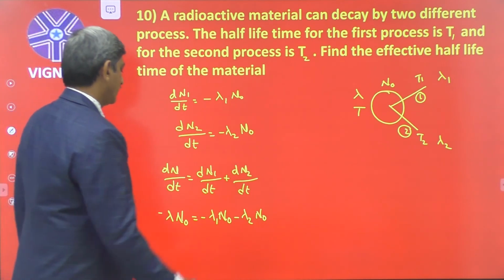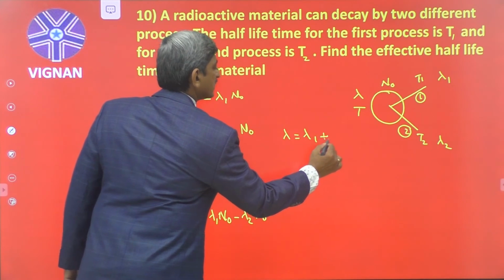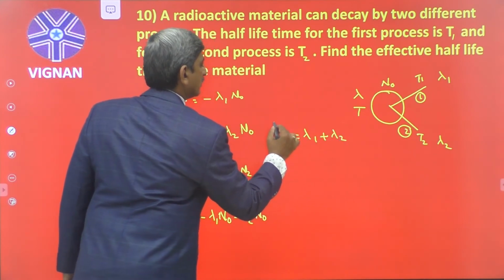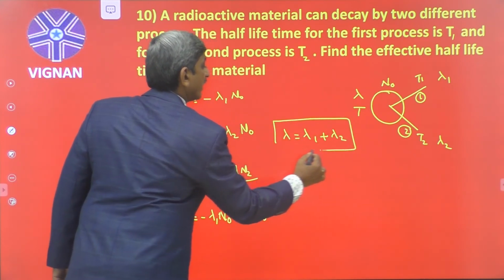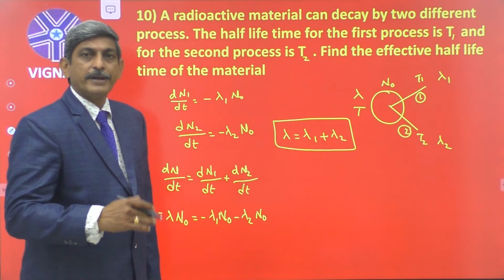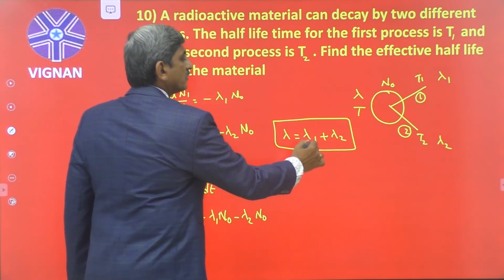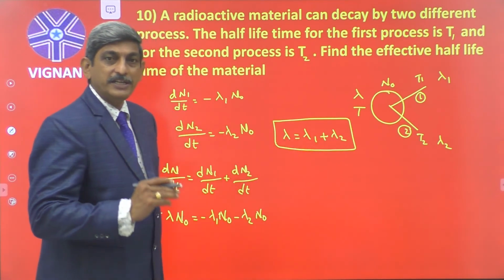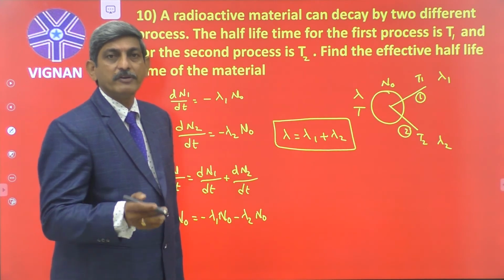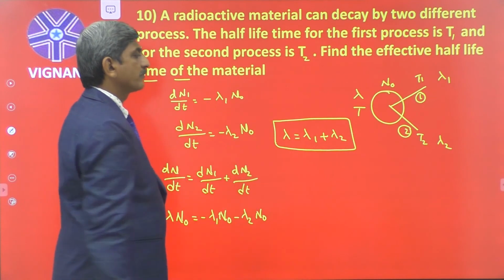From this we can write it as lambda is equal to lambda 1 plus lambda 2. That means whenever the radioactive nuclei undergoes decay by different process, the effective decay constant of the sample is equal to the sum of the decay constants of the two individual processes. But here we want to determine the half-life time.